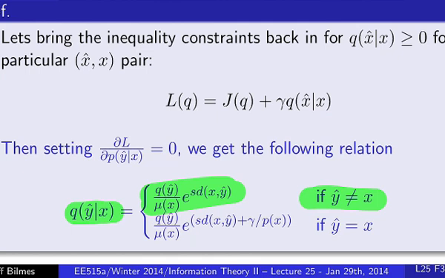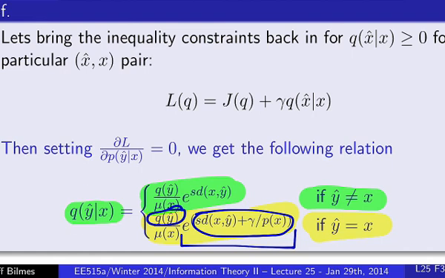And then on the other hand, there's this other case where this is true, and we're going to get a very similar expression. First of all, we see that all of this stuff still lies up in the exponent, right? So there's no chance of this factor ever becoming 0 as long as everything's finite. And again, the 0-ness of this depends entirely on the numerator, q of y hat.